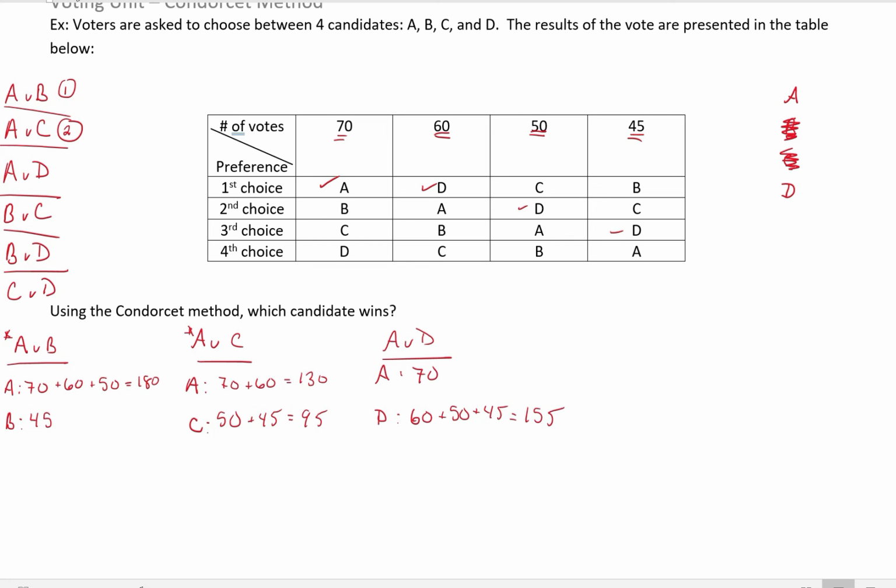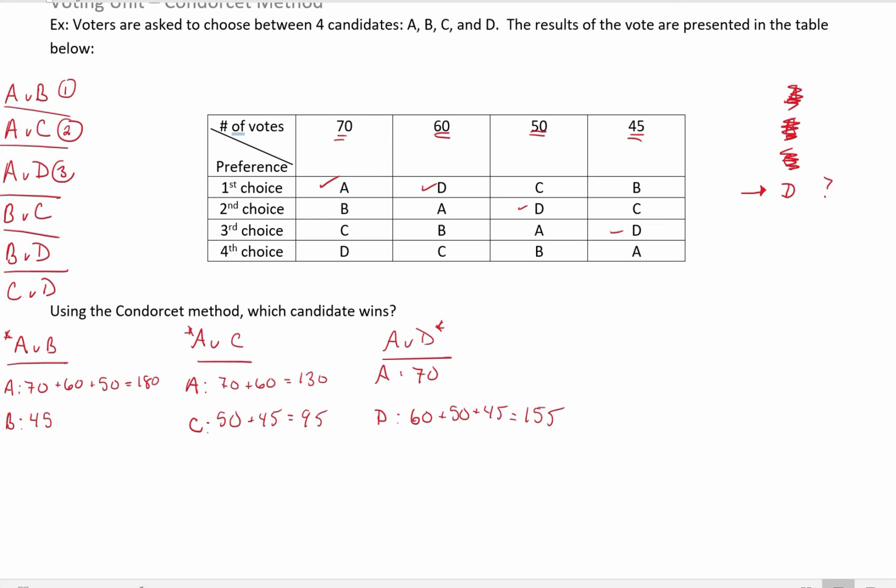D gets 155 votes, and A gets 70. So D wins, A loses, which means A can't be our overall winner. Now, at this point, we might think that D is our overall winner, but we still have to check to see if D would beat B and if D would beat C. Just because it's the last one on our list doesn't mean it's a winner necessarily.